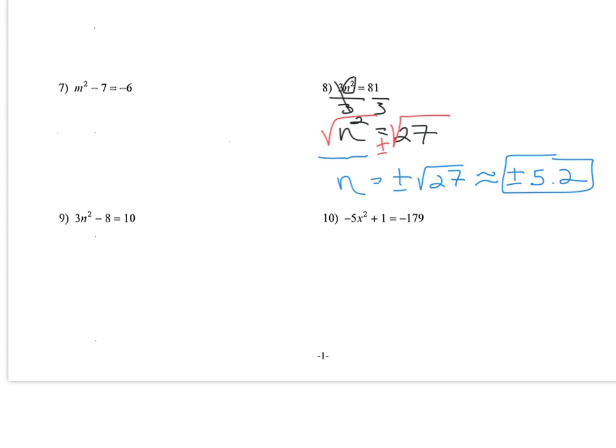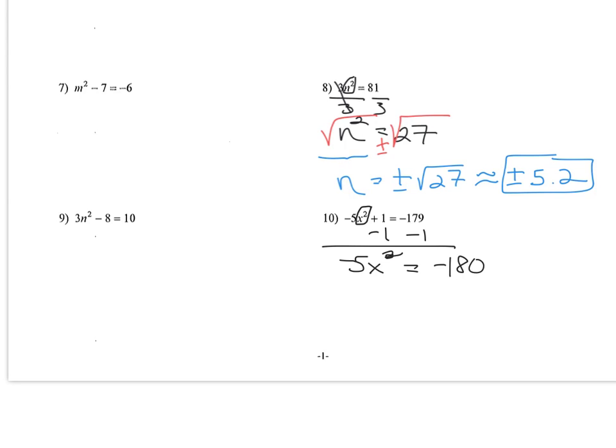two steps are required here to get that square all by itself. So first we will get the term with the square all by itself, which is that negative 5x squared. When I simplify the right-hand side by combining the negative 179 and the negative 1, I get a negative 180.